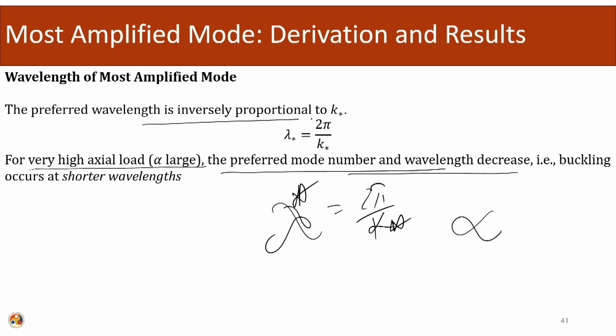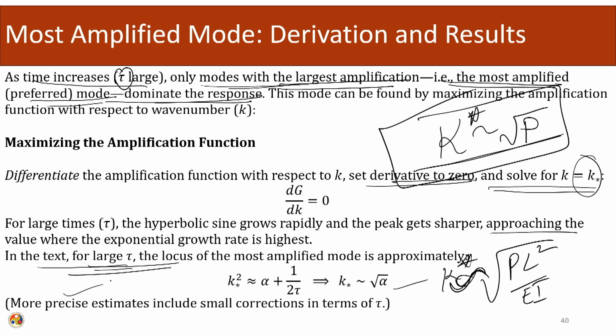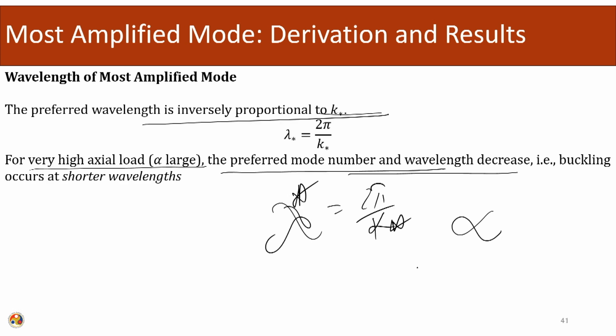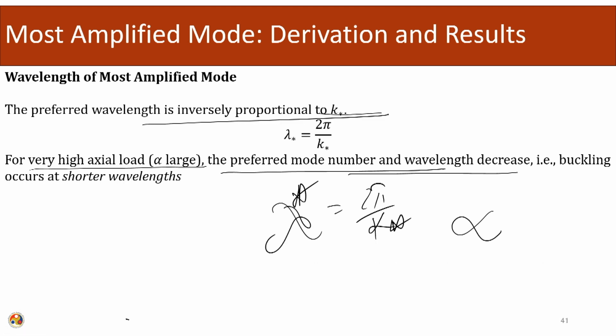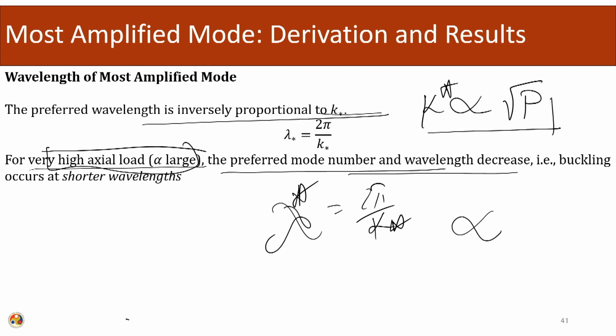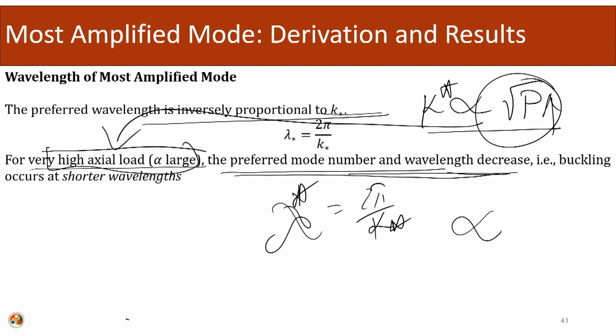So, again, k star is related to the load: as the load becomes higher, k star is related to root over P. So, as k approaches root over P, that is, for a very high axial load, the preferred mode number increases and the wavelength decreases.